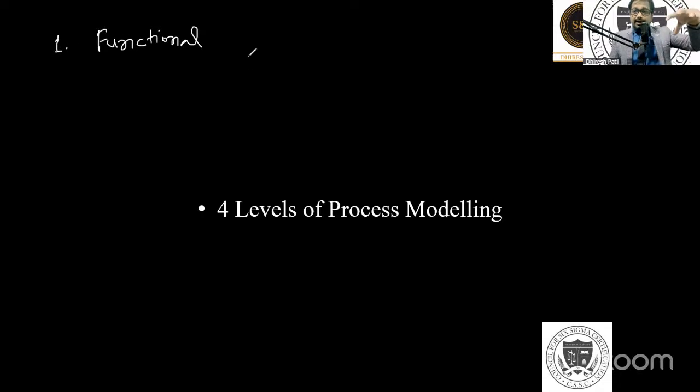Functional level meaning, if I sit in a helicopter, just imagine, and go 30,000 feet or 20,000 feet, and from the top I see the organization, what will I see? I will see a lot of functions. I will see marketing function, sales function, HR function, finance function, production function, supply chain function.